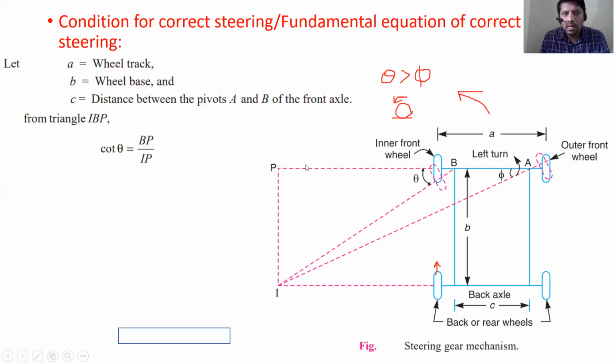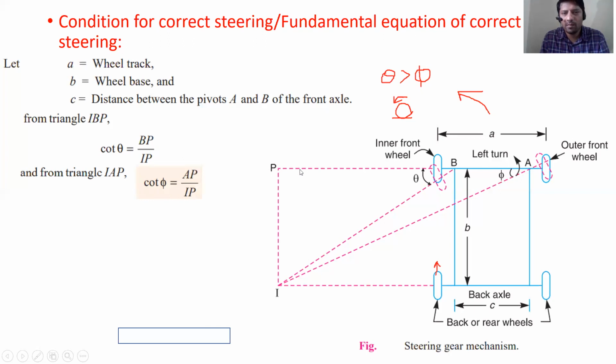Similarly, you consider the triangle IAP. So I is here, AP, this triangle. This angle phi, you can write cot phi. Cot phi is equal to AP upon IP. This way.